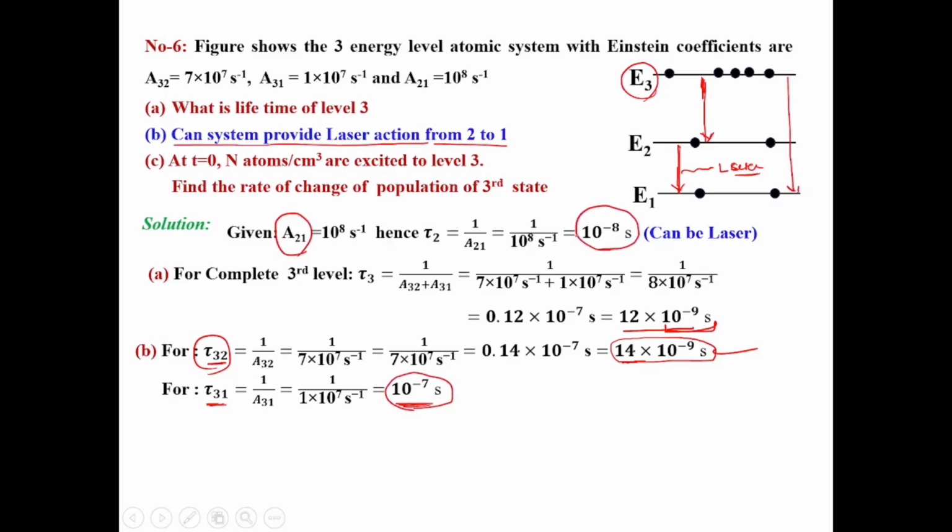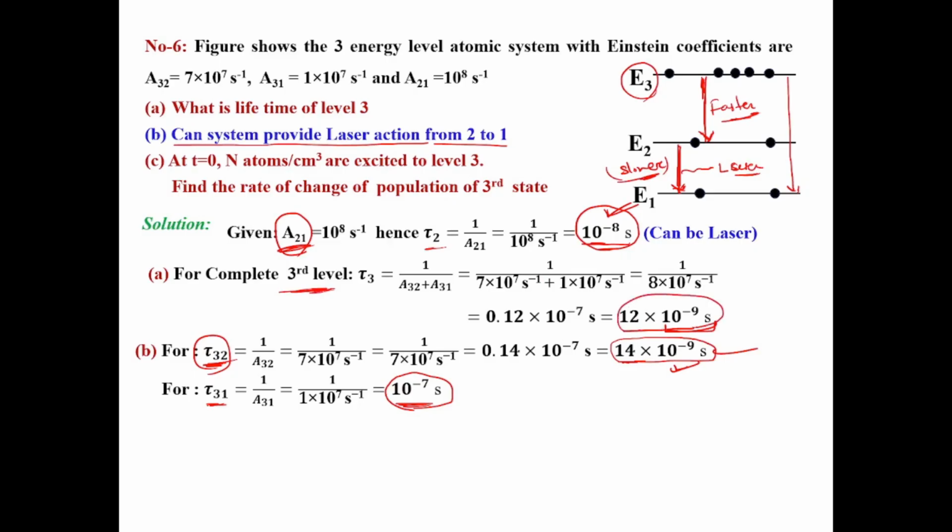You just imagine, the transition from 2 to 1 takes longer time as compared with 3 to 2. 3 to 2 is faster. Here you can see 3 to 2 takes 10 to the minus 9 second, so it is faster. And 2 to 1 is 10 to the power minus 8, so it is a slower rate. And if I consider the complete third level, it is also faster.